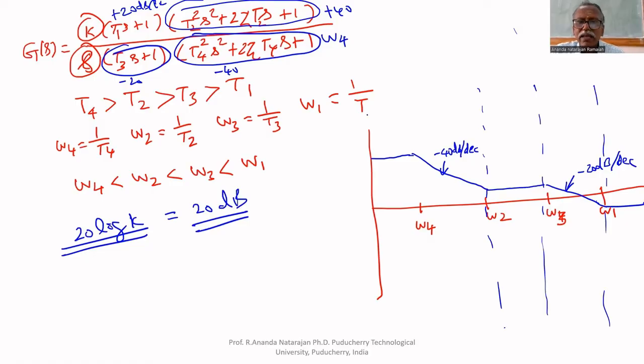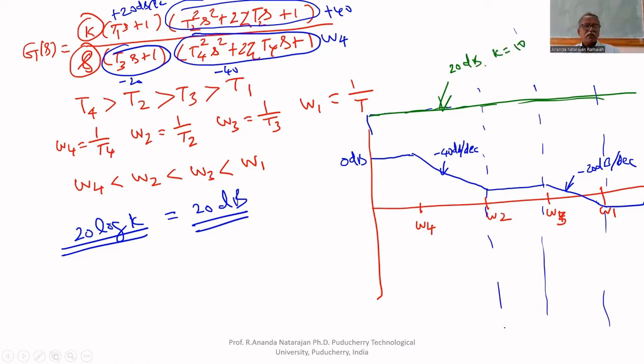This is the plot for K. This is 0 dB, therefore 20 dB will be here. This is the plot for K, with K equal to 10.